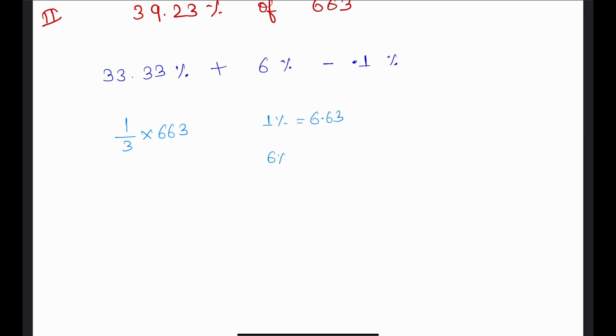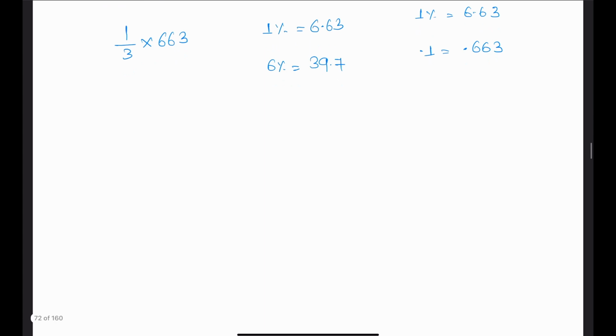So 6% will be 6 into 6 is 36 plus 3, 39.6. Let's just take 7, right? And 1% is again 6.63. So 0.1% will be 0.663.